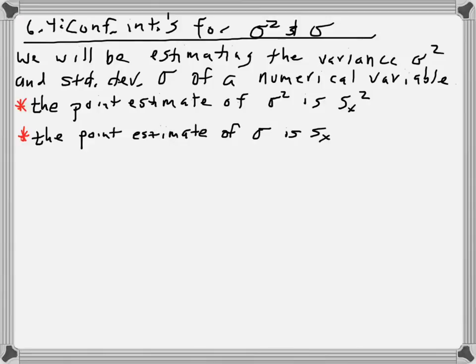So it's not that far of a stretch beyond section 6.2. So the point estimate of the variance, sigma squared, is the sample variance, S sub x squared. Likewise, the point estimate of the population standard deviation sigma is the sample standard deviation S sub x.